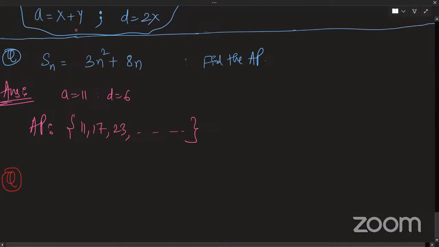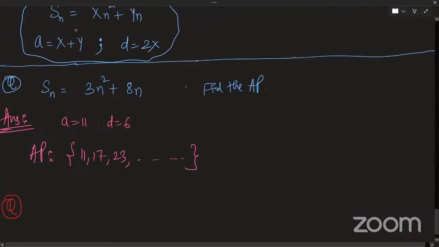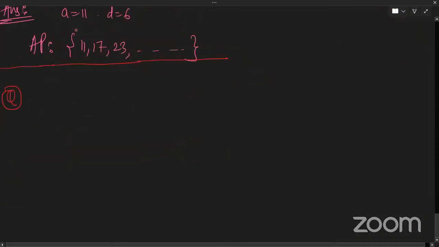The coefficient of n square is 3, so the common difference is 6, and the first term is 3 plus 8, which is 11. So your AP is 11, 17, 23, like that, with a difference of 6. Fine? Thank you. Okay.